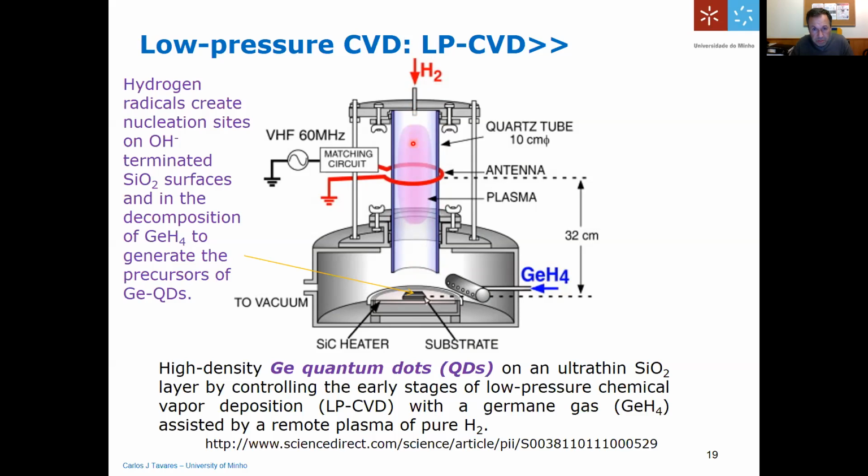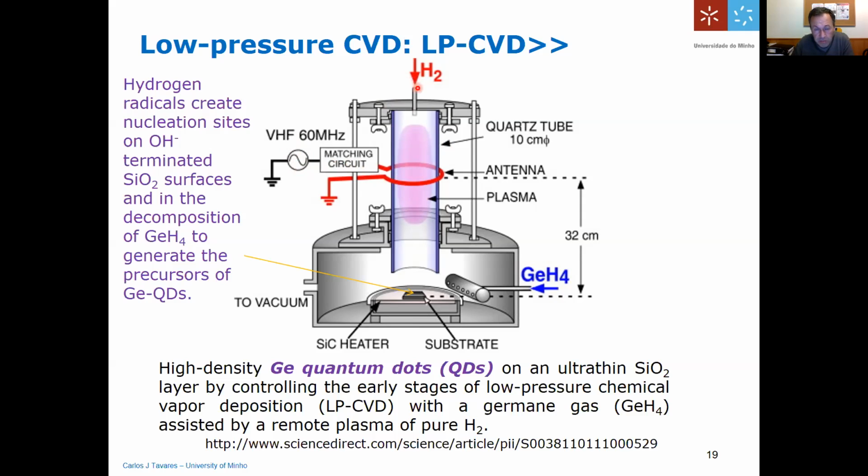When this hydrogen passes through this channel here, where we have an antenna with a very high frequency generator, it will ionize the hydrogen to transform it into a plasma of hydrogen ions and electrons, okay? You need to have this power running throughout the whole experiment, so you're continuously generating the plasma.